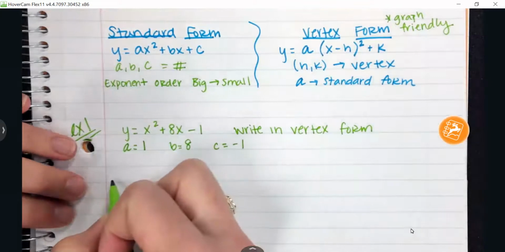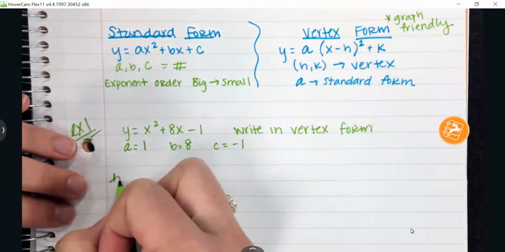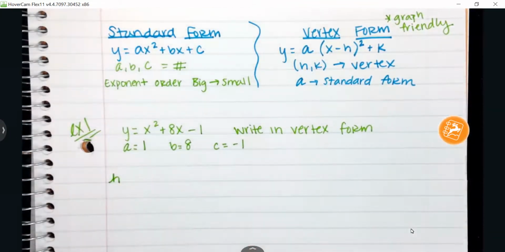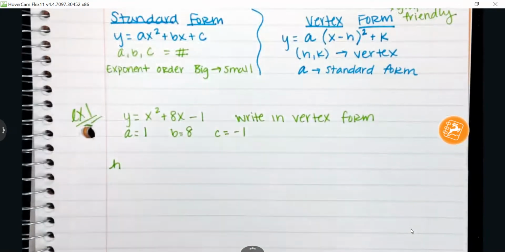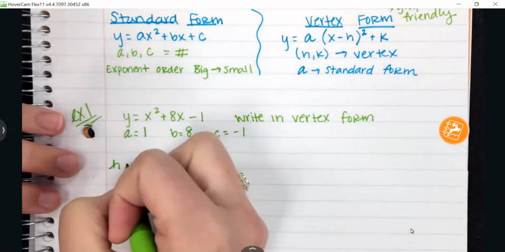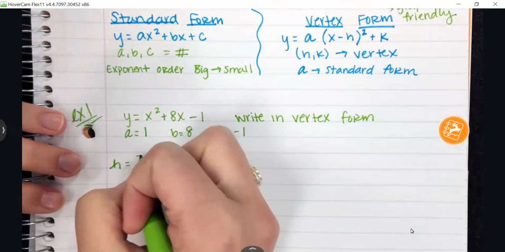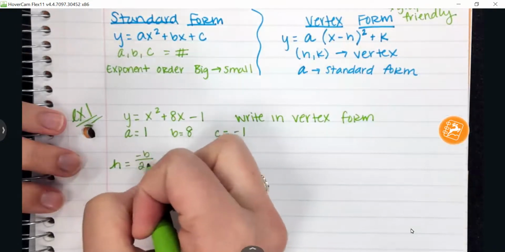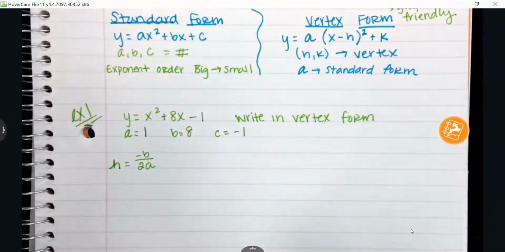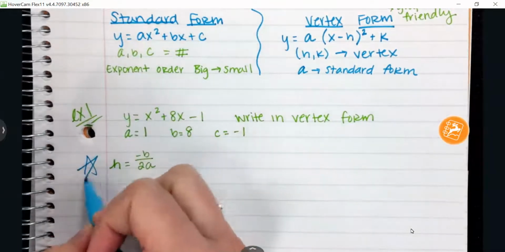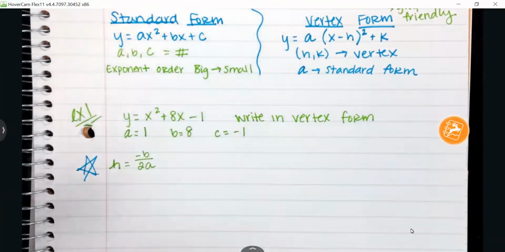So now I need to figure out what H is. And what does H really stand for? Which letter in my vertex? The X value of my vertex. H has an equation, negative B over 2A. Put a big star by that. You're going to have to know that equation. It never changes.